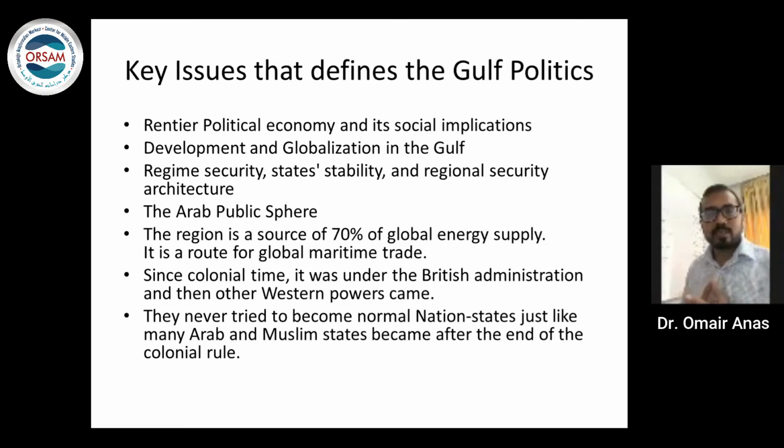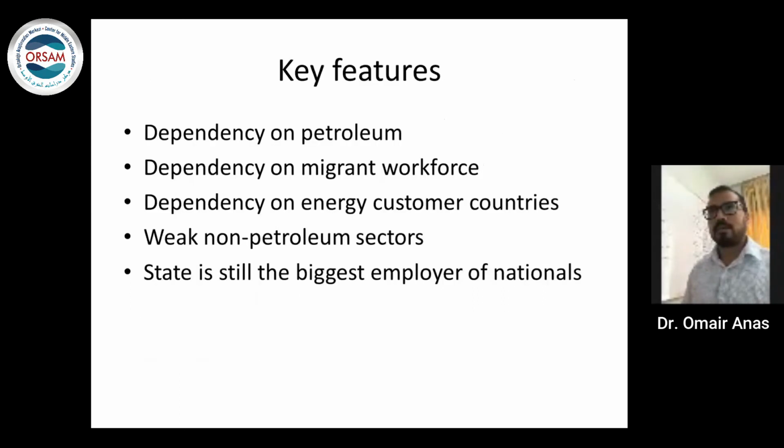But in Gulf countries, you would find that they don't have independent or freely working institutions. All institutions in these countries are dependent on the royal family and the regime. So as a result, the state in these countries is different from the state found in any other country.